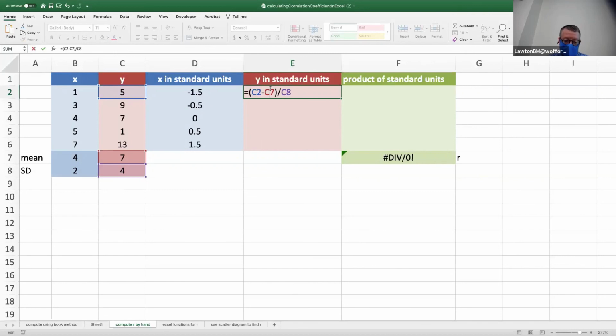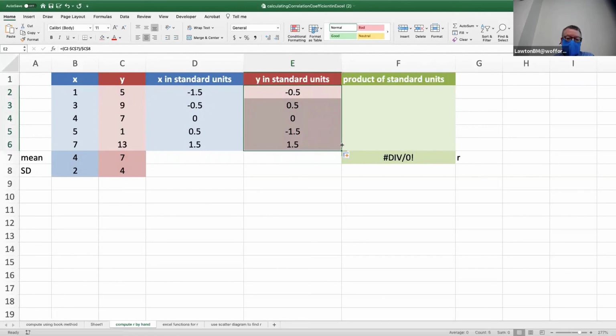I don't want the mean or the standard deviation to move. I can drag that down.